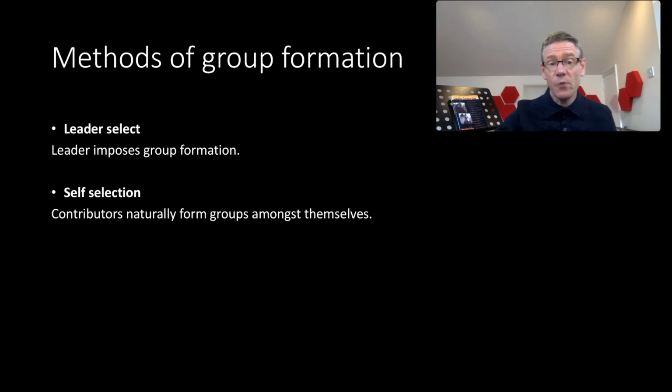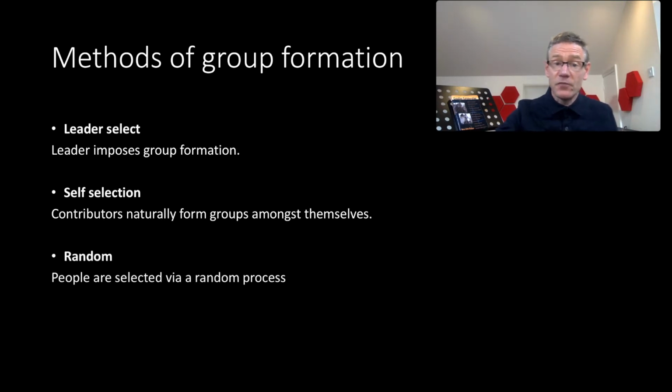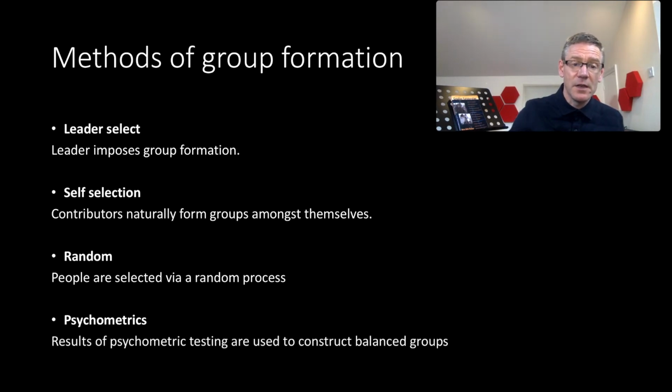Contributors naturally form groups amongst themselves, probably the most typical way in which collaborations are formed. In random selection, people are selected via a random process. And then perhaps the slightly more complex version is psychometric testing. The results of psychometric testing are used to construct a balanced group.